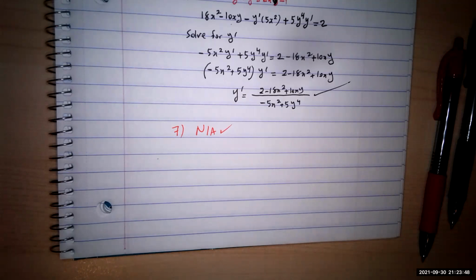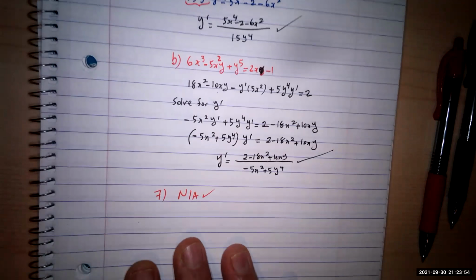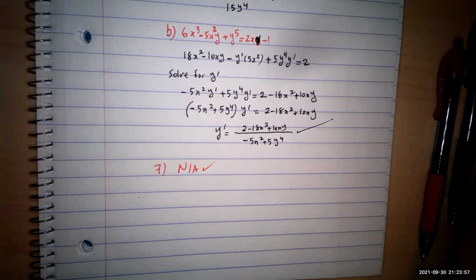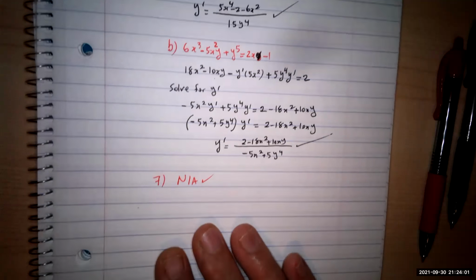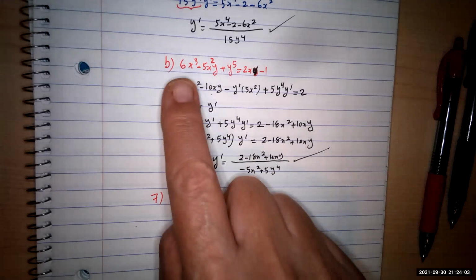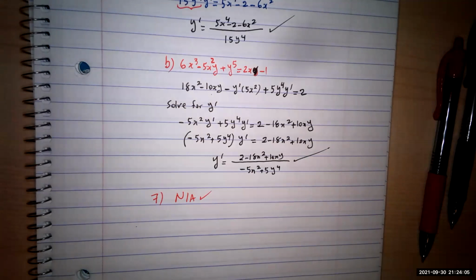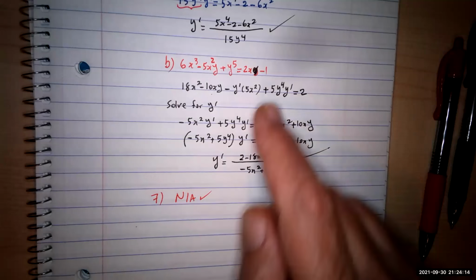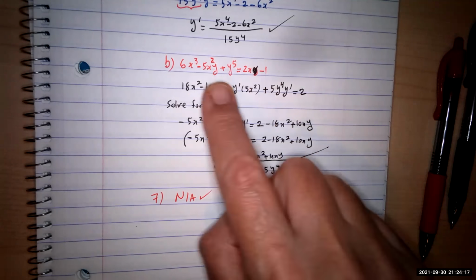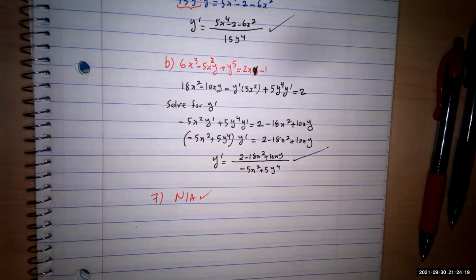How did I get 5x squared times, what's that? I used the product rule. I changed the question, because in the given question you have 5xy and 5xy, which doesn't make sense: if you have 5xy here and 5xy here, you can cancel it out.